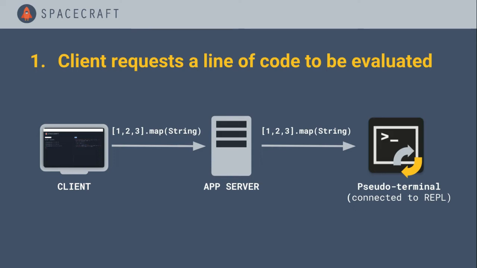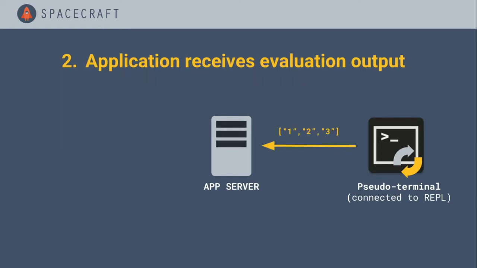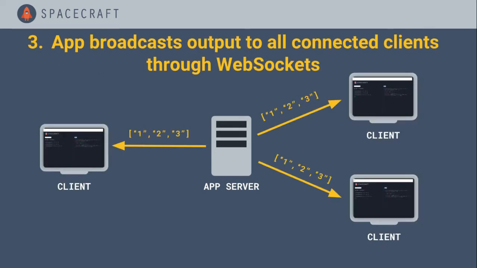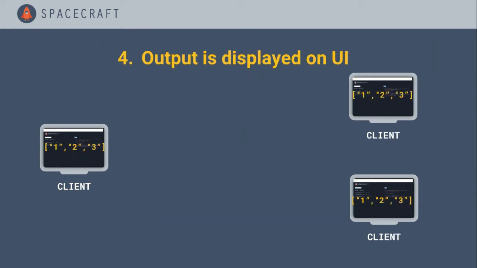Then our application receives the evaluation output from the pseudo-terminal, right? And from there, our application can say, I'm going to broadcast this result to all connected clients. So the application broadcasts the outputs to all connected clients through WebSockets. And then finally, we can display the output on the UI.